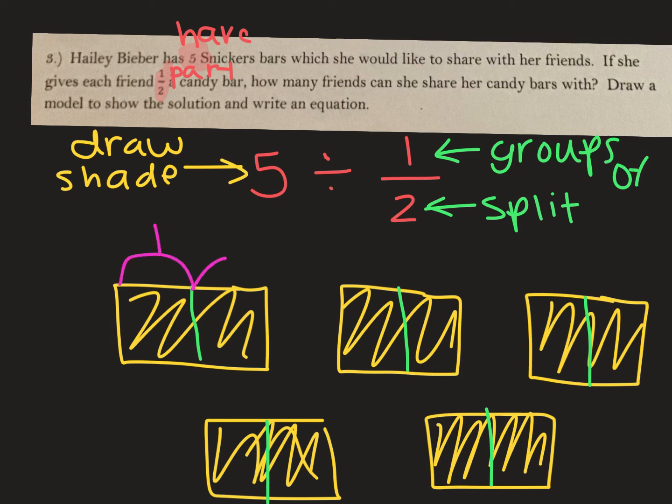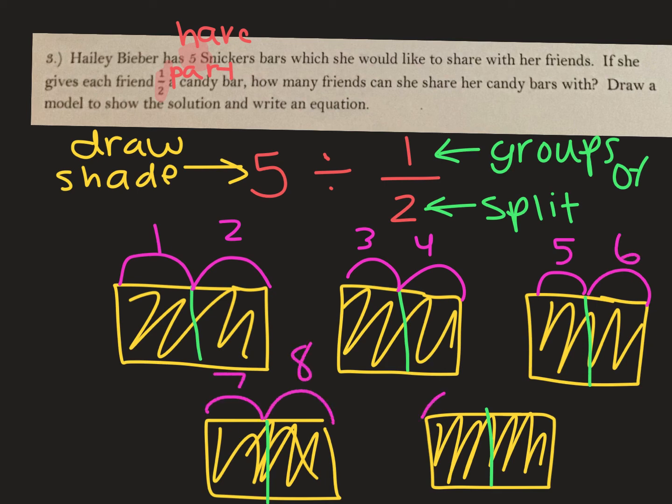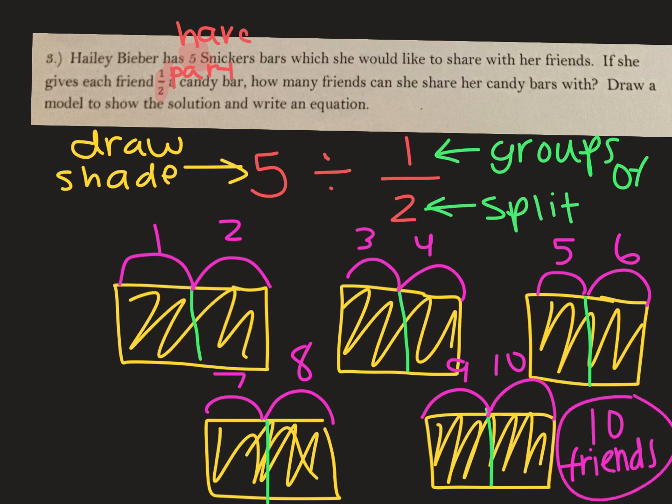Here's one group of 1, 2, 3, 4, 5, 6, 7, 8, 9, 10. So go back to the question, how many friends can she share her candy bar with? It would be 10 friends would be our final answer.